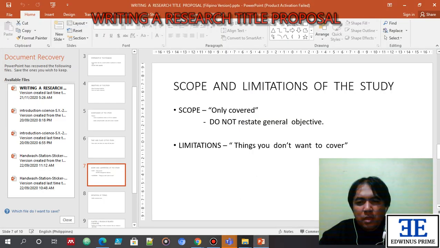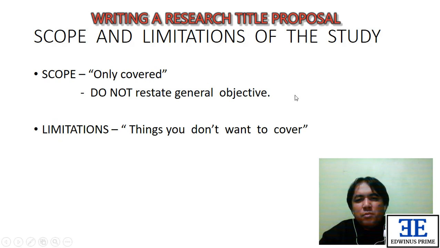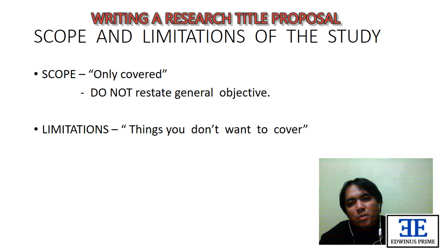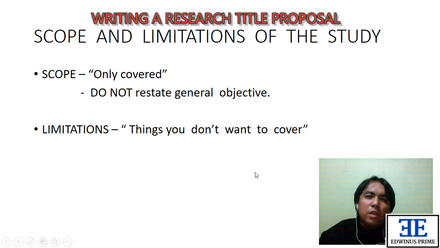Again, use the scope and limitation of your study as a secret weapon or a shield, a defense. Why would you do a doctoral level research study when you are only an undergrad?